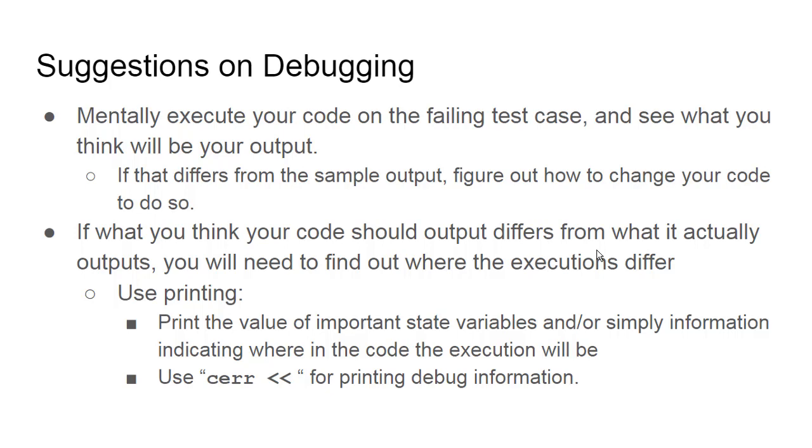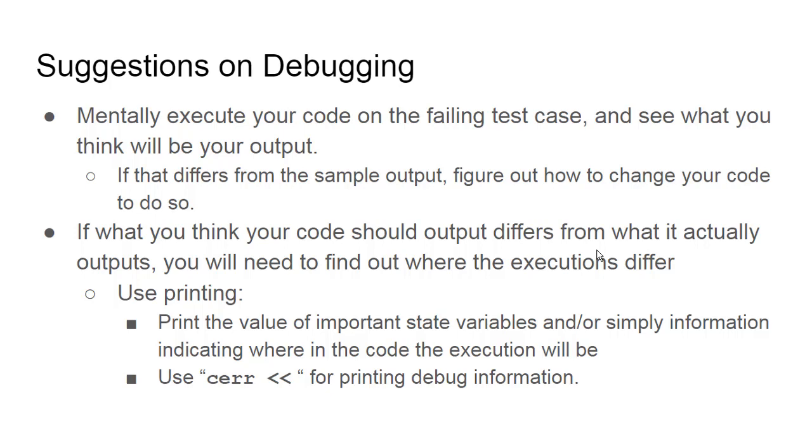The harder situation is when you mentally execute your code and get the expected output, but actually your code doesn't. In that case, you need to figure out where the execution of your code starts to diverge from what you think it should do.